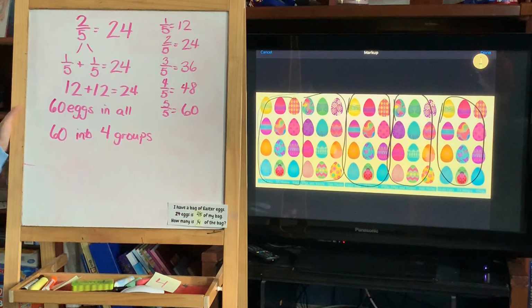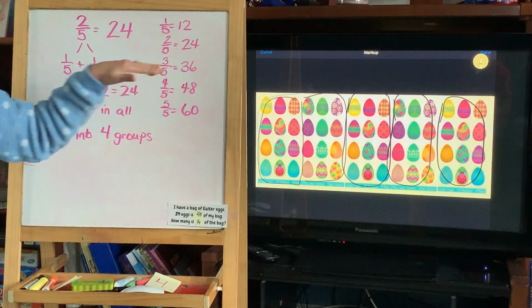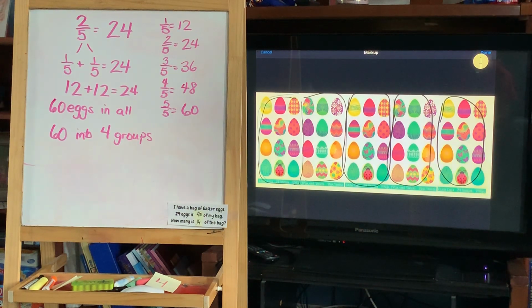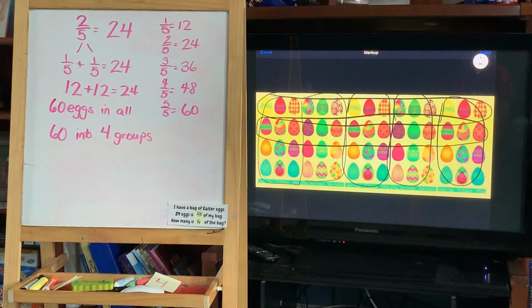How can I do this? Well, there's a couple ways. I can use my picture, and I actually see already that I have 4 rows, so we could circle those 4 rows going across, and I could count all those eggs.